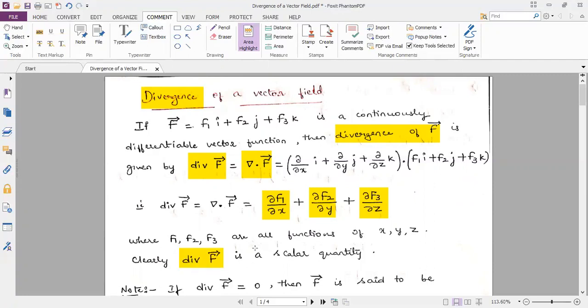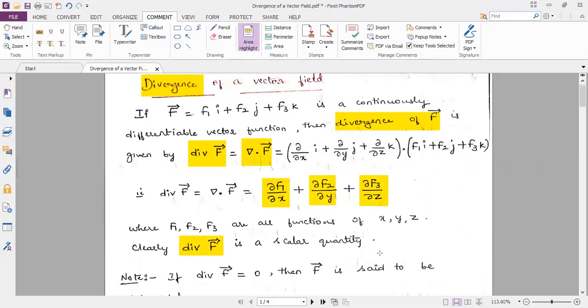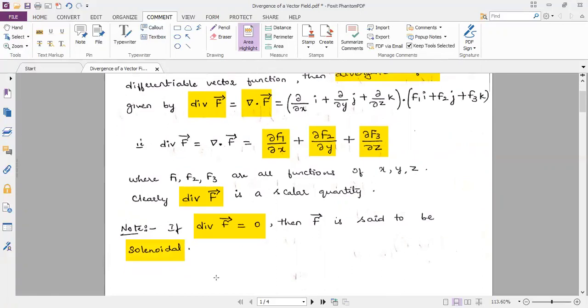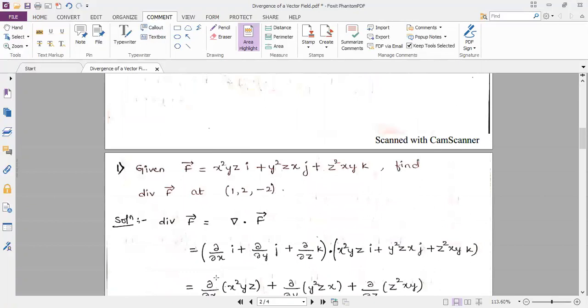Since there are no vector components i, j, k, it is a scalar quantity. Note that if divergence of vector f is equal to 0, then vector f is said to be solenoidal. We'll do problems based on divergence concept today.